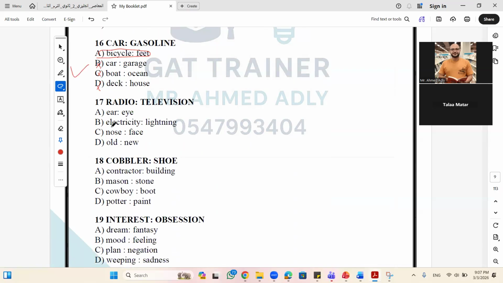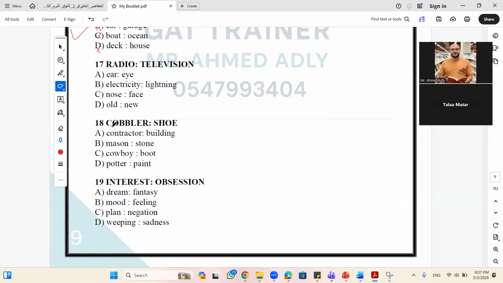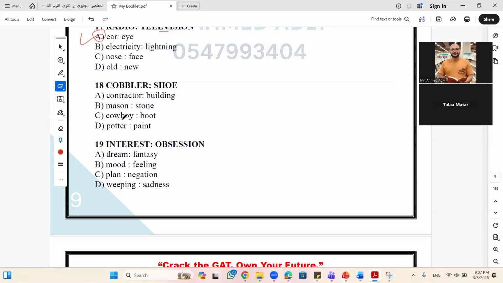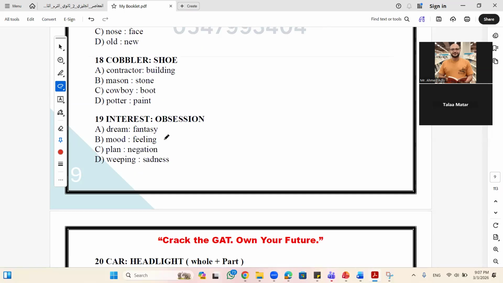Radio and television. Is it ear and eye? Perfect. A radio is an auditory device, but television needs eyes. Good job, Tala.